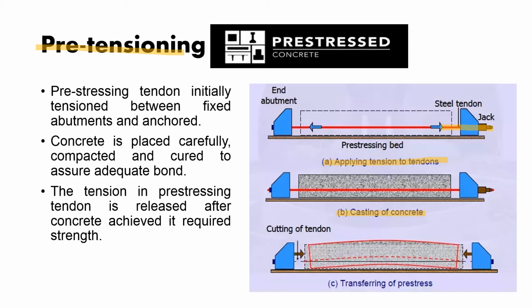You pour the concrete and let it develop adequate bond. Once the concrete has hardened, the tension in the prestressing tendon is released after the concrete achieves its required strength. After that, the tendon will be cut, so the stress is transferred to the concrete. So this is the pretensioning method.